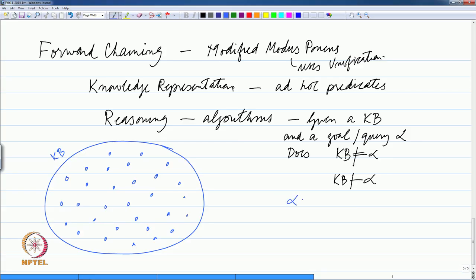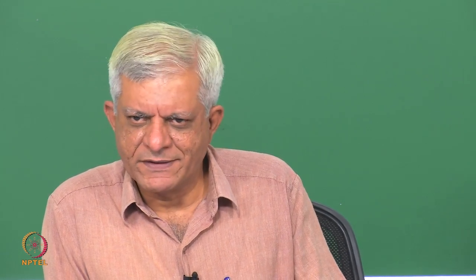In our case, we have let us say one rule which is modified modus ponens. You could have more rules, that does not matter, and we are given a query alpha, and we are asked whether this alpha is true or not essentially. And we want to generate a proof essentially. What is a proof? A proof is a sequence of conclusions at the end of which the last conclusion is alpha essentially. So, that is a direct proof or the forward chaining method that we are looking at essentially.